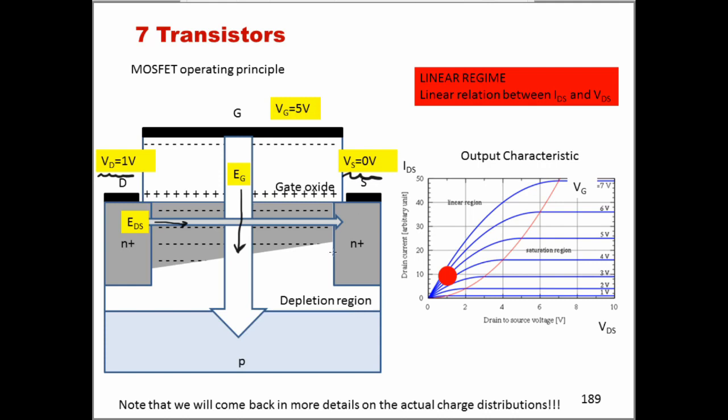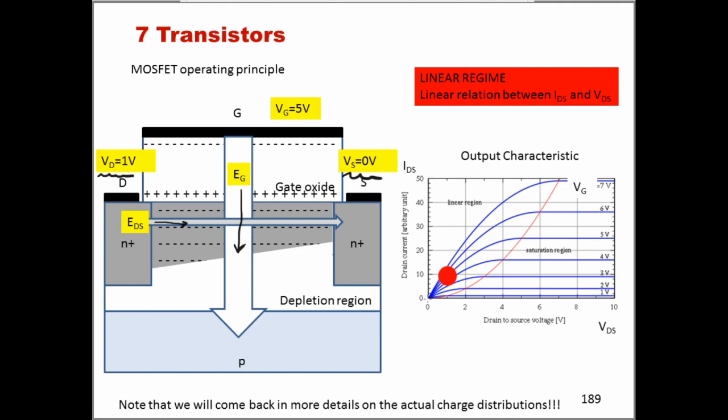And we should expect that because the channel has the shape we've shown here, this could be looked at as a piece of material that has a certain resistivity, certain geometry. So this would behave as a normal resistor, if you like. So if the drain bias is relatively small, then we should expect that this system behaves effectively as a resistor.